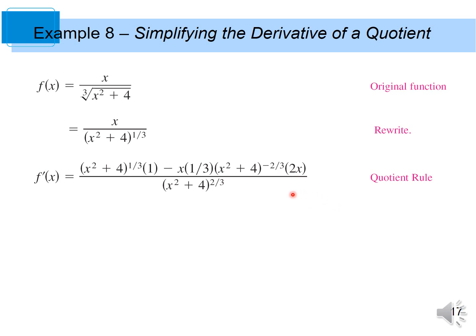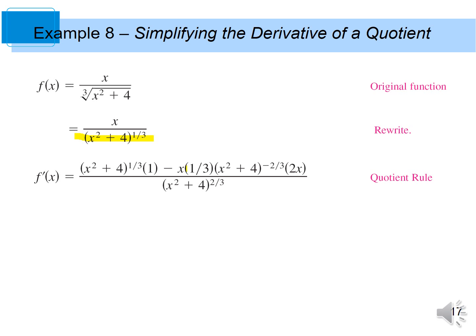For the quotient rule, we differentiate the first function, which is 1, times the second function, minus we differentiate the second function times the first function. Be careful with the second function. Look at the second function. It's a quadratic function, has power 1/3.